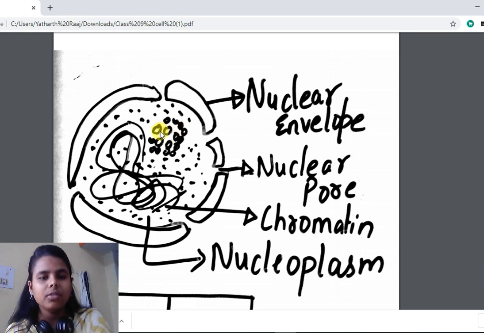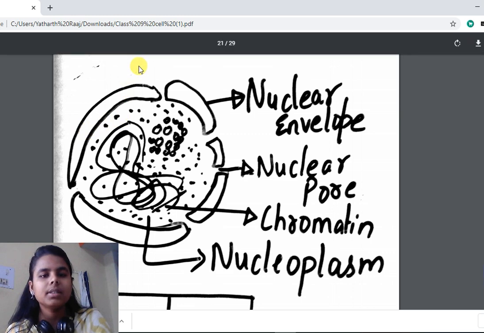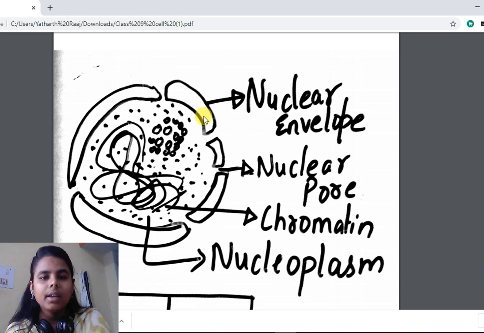So the structure of the nucleus: the nuclear envelope, the bilayer that surrounds the nucleus and separates it from the cytoplasm of the cell, is called the nuclear envelope. It is the boundary of a nucleus. It is composed of two layers. In the nuclear envelope, pores are there, and the name of that pore is nuclear pore.